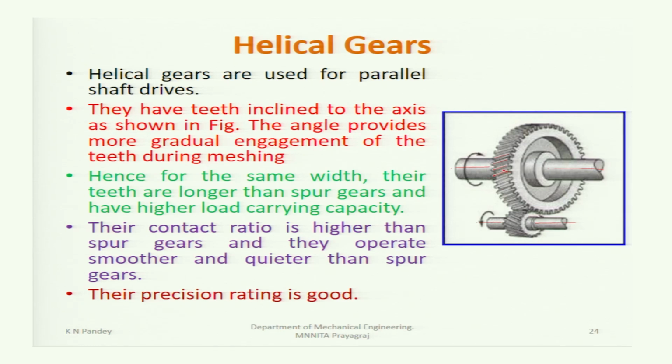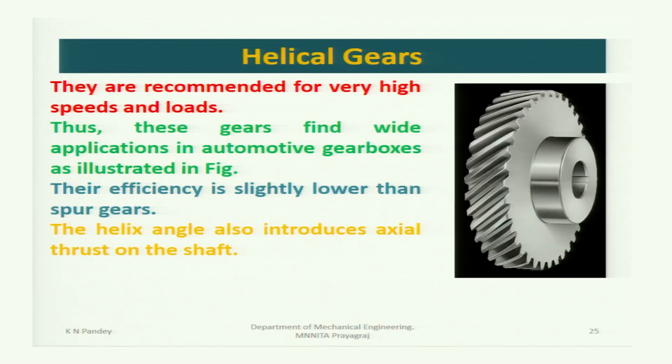So there is a gradual engagement and disengagement, and so for the same width their teeth are longer than spur gears and have higher load carrying capacity, and they run with lesser noise. Their contact ratio is higher than spur gears, and they operate smoother and quieter than spur gears due to gradual engagement and disengagement. Their precision rating is good.